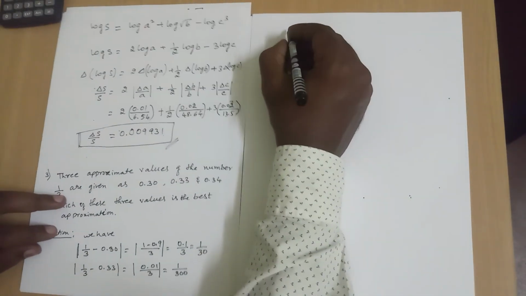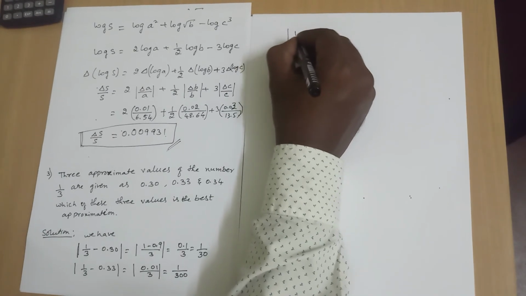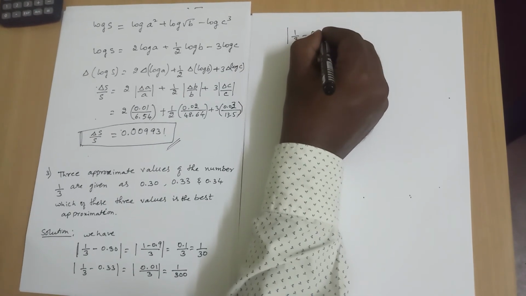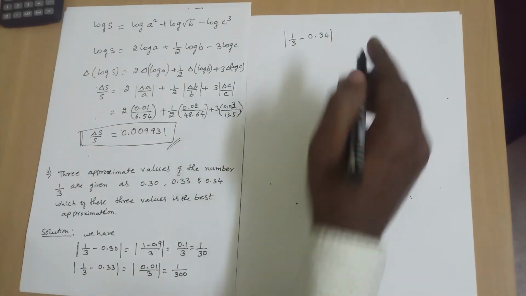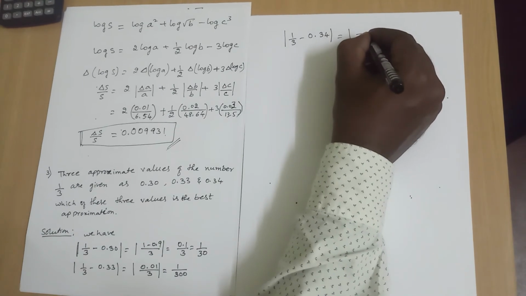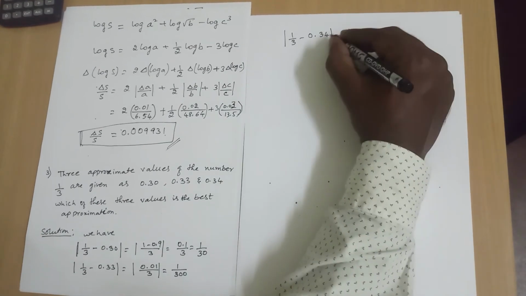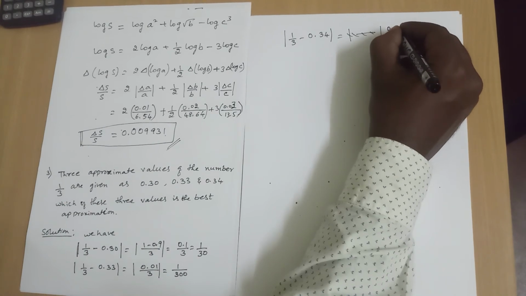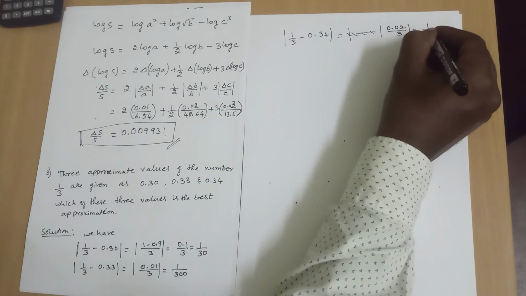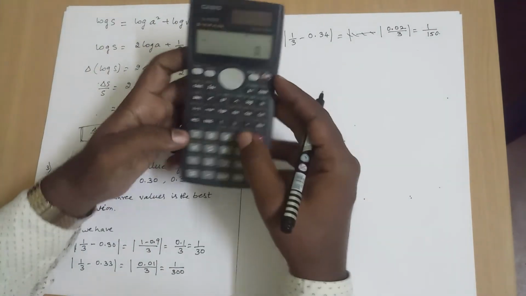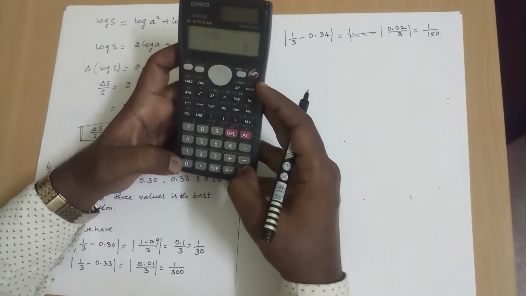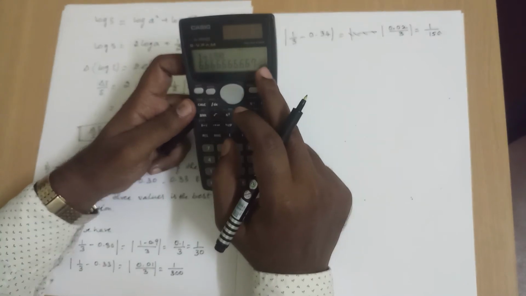And another one, mod 1/3 minus 0.34, the other value. If you take 3 LCM and subtract this one, what you get? 0.02 divided by 3, so this can be written as 1 divided by 150, so it is 0.66 something, you will get, right?